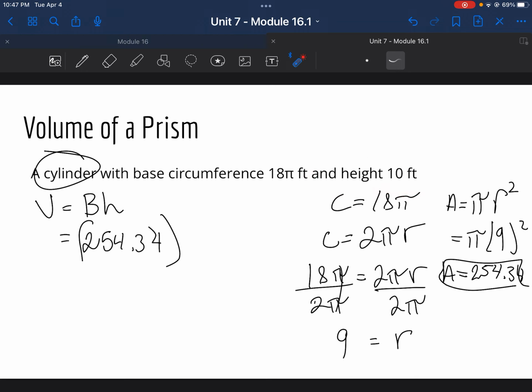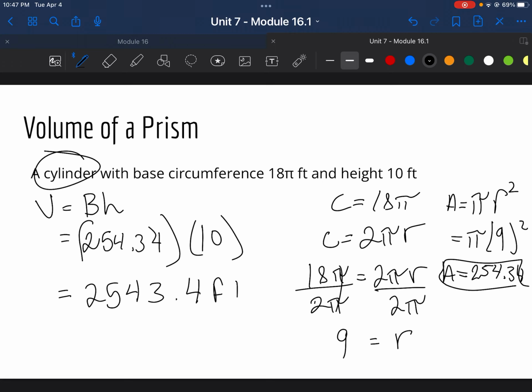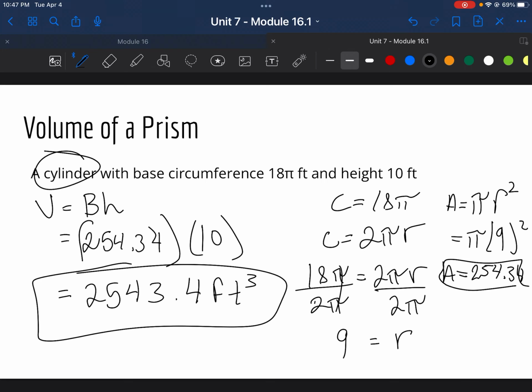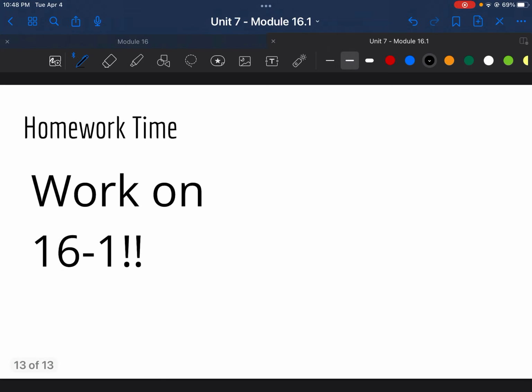And according to our problem, the height of the cylinder is going to be 10 feet. So base times height, 254.34 times 10, is going to give me 2,543.4 feet cubed. So there you go. I did number 6 for you.